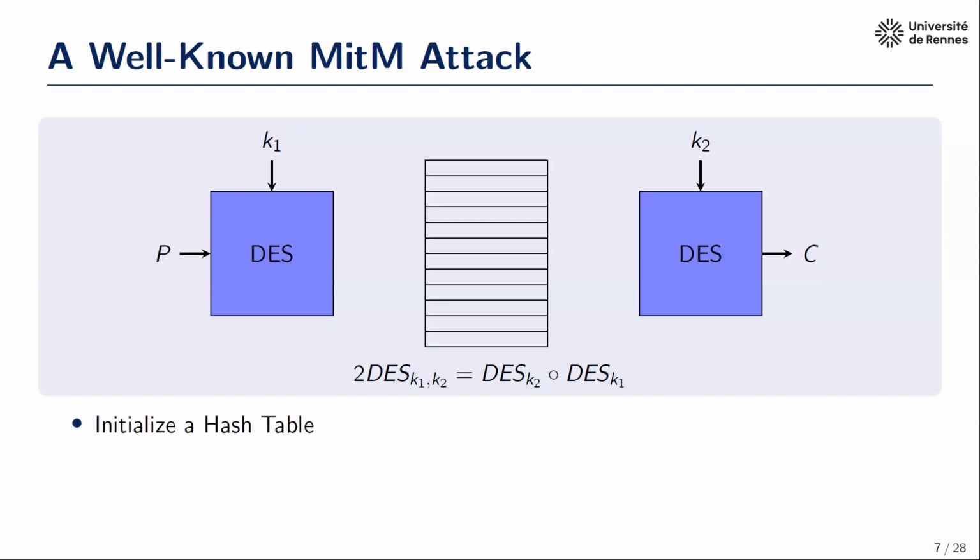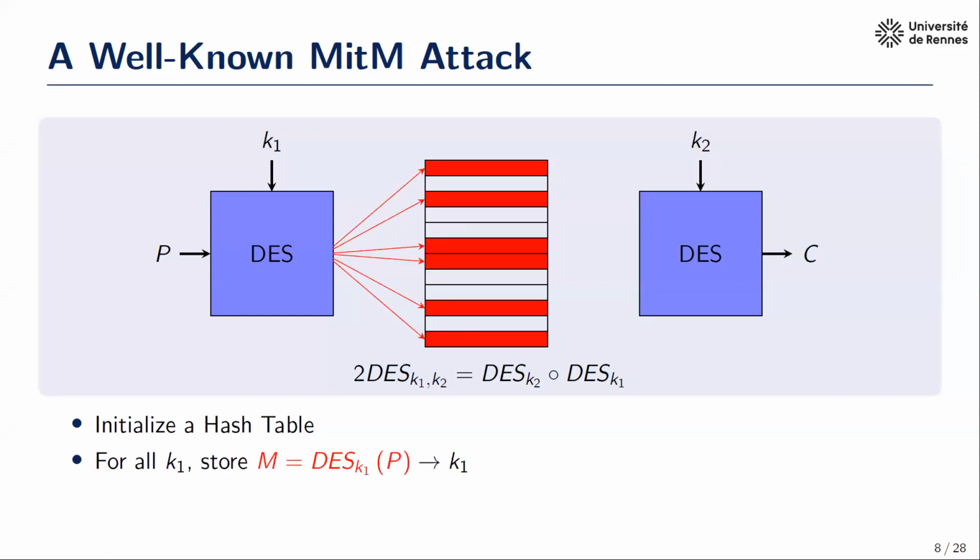First, we initialize an empty hash table, in which we will store the middle state and the corresponding key values. So first, we loop on all possible values for K1, partially encrypt the plaintext to compute the middle state, and we store the values of the middle state in the hash table together with the corresponding values of K1.